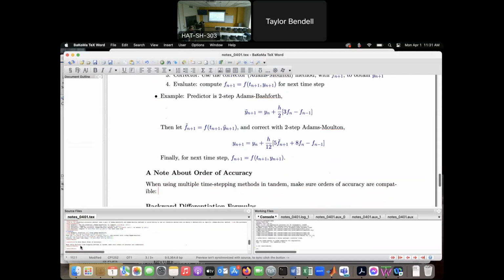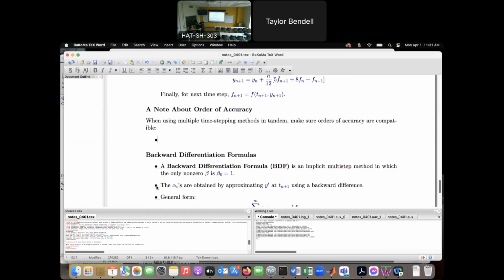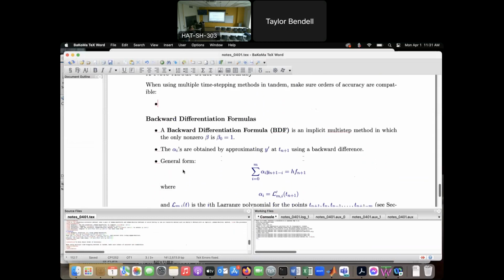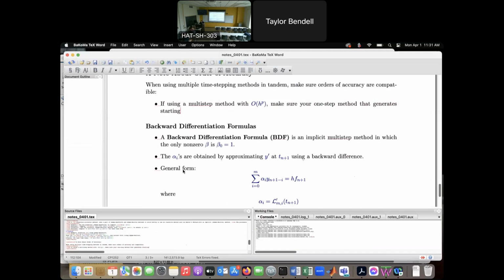So first, if using a multistep method that is O(h^p), p-th order accurate, you have to make sure your one-step method that you use to generate starting values has at least as much accuracy.